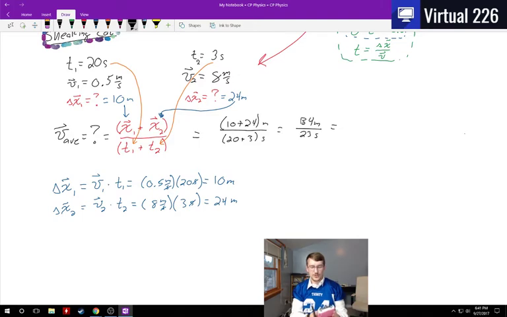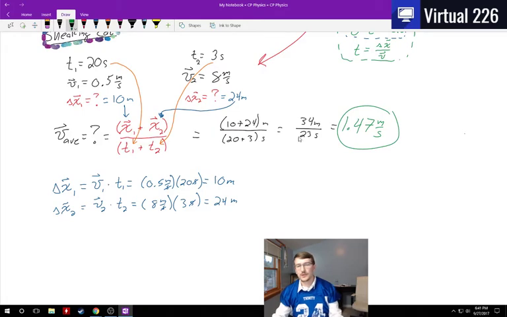So if I do crunch into my calculator, 34 divided by 23, I get 1.47. So 1.47 is pretty close to 1.5. I like that. Units are meters per second. Woo! And that's how we do that type of problem there. It's just a matter of recognizing what we have, what we don't have.